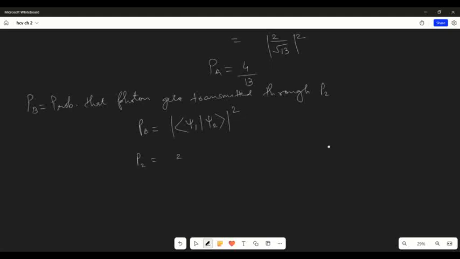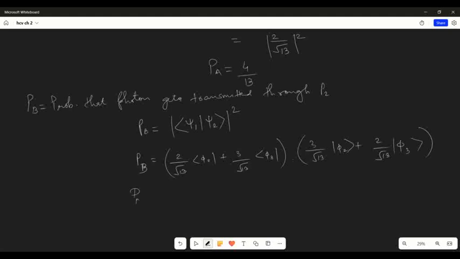So basically this is 2 by root 13 phi 2 plus 3 by root 13 phi 3, and we have to calculate the inner product with 3 by root 13 phi 2 plus 2 by root 13 phi 3.